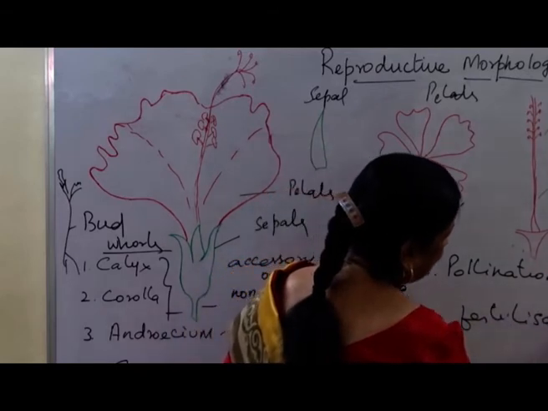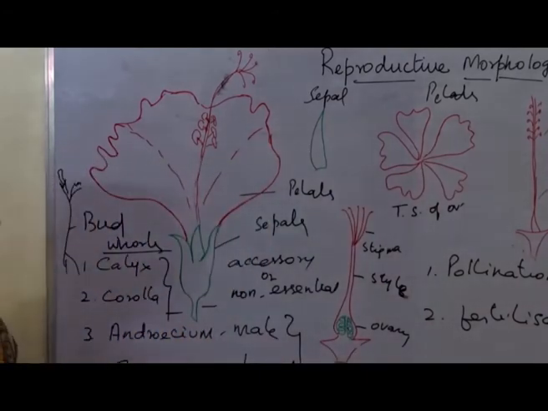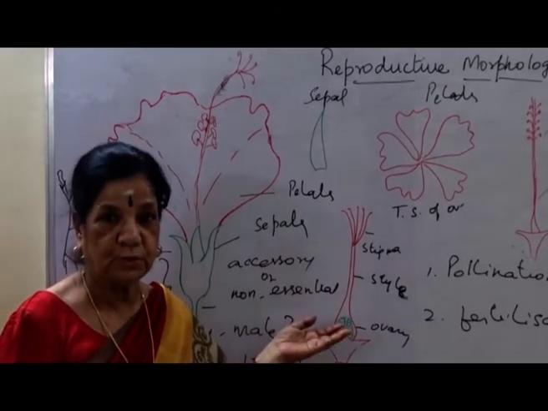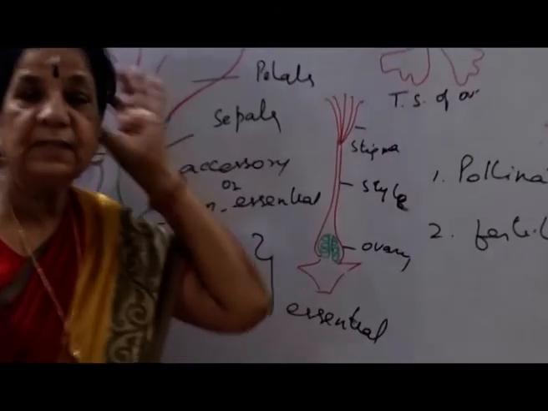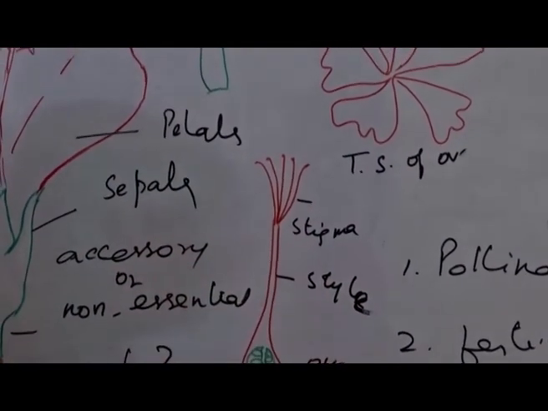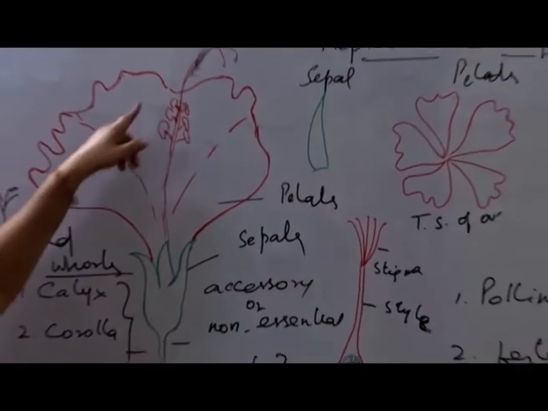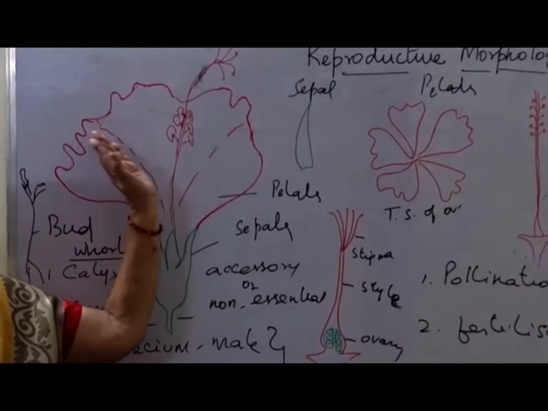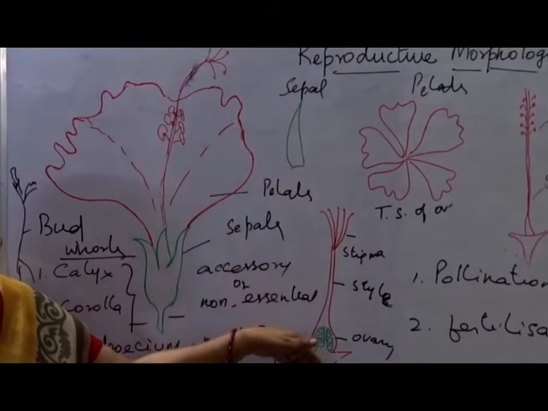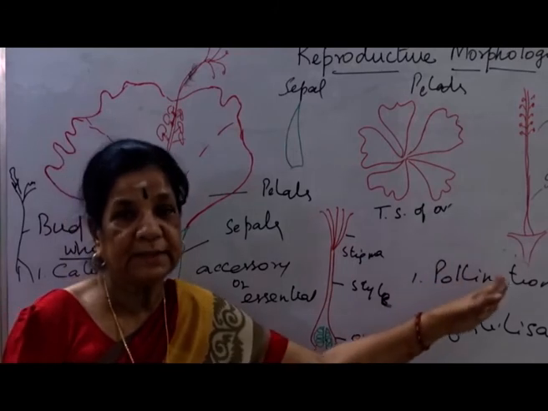In all flowering plants, pollination and fertilization occur for the formation of fruit. If there is no pollination, the process of fertilization will be delayed or it will be aborted. So pollination is the transference of pollen grain from the anther to the stigma so that it reaches the ovule. That transference of pollen grain is called pollination.